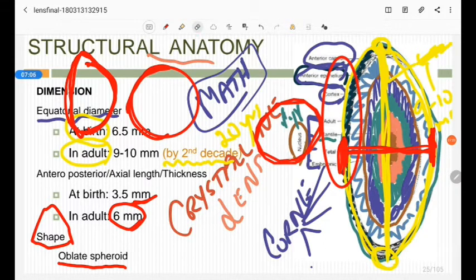To be more precise, put the oval part in front and the sphere behind. So this is how the oblate spheroid in the lens looks.